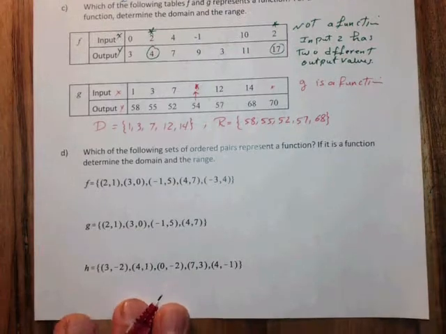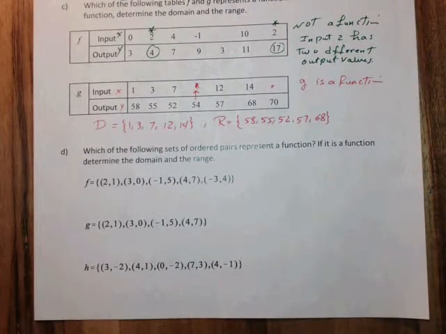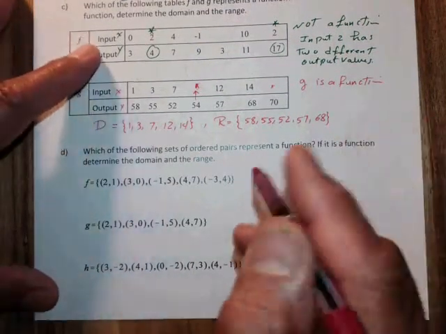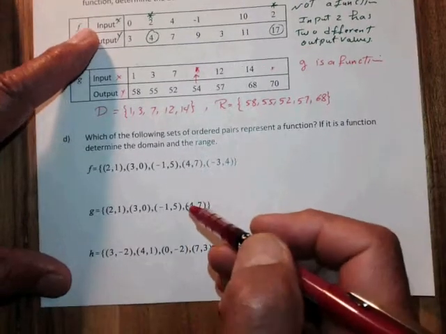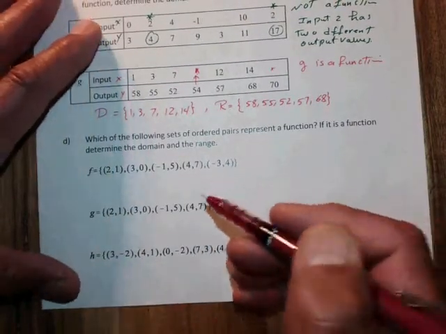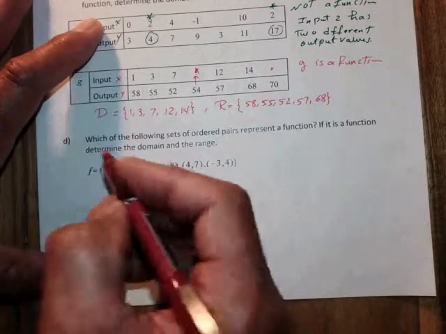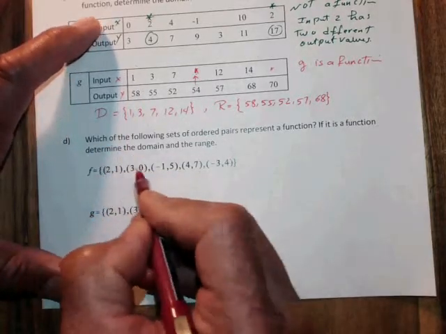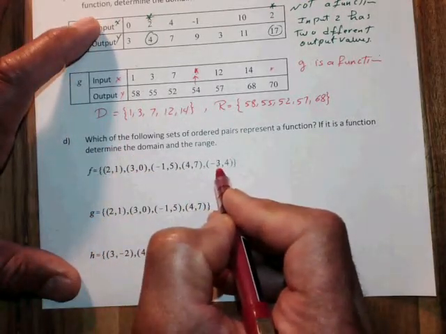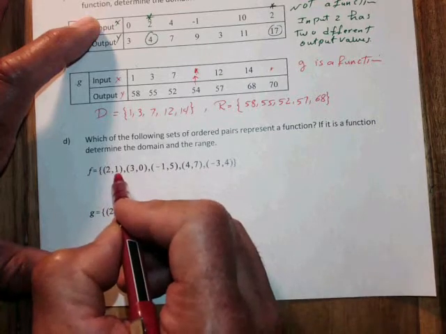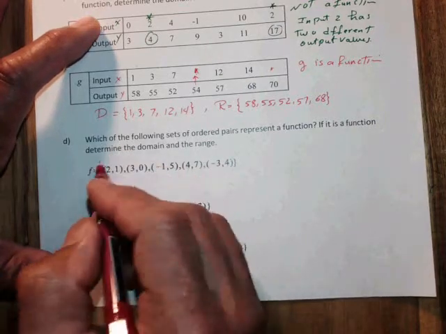The next example is one in which some relations are functions, given as ordered pairs. Again, as I said before, the first numbers represent the x values, the second numbers represent the corresponding y values.